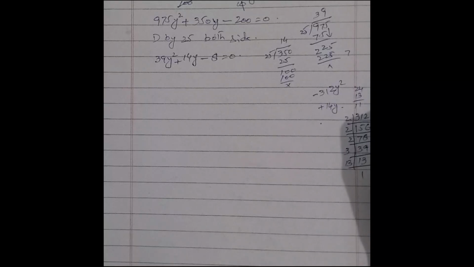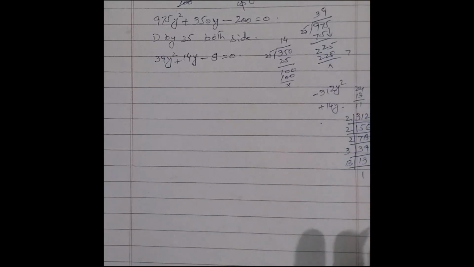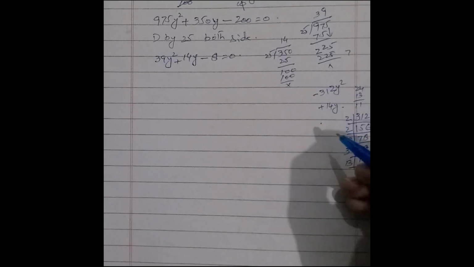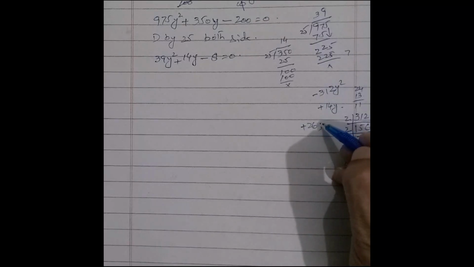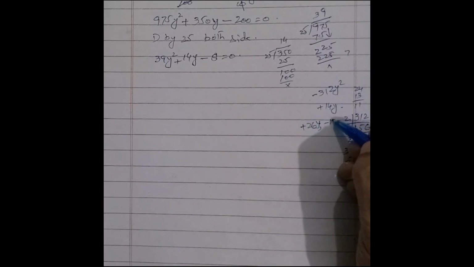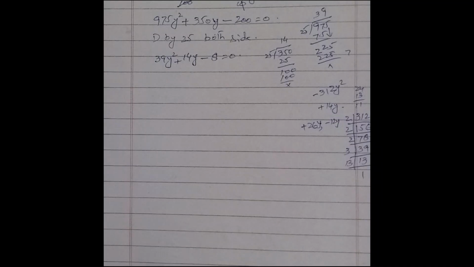So 26 and 12, the difference is 14. So the factors 26 and 12 are suitable, and their signs are plus 26y and minus 12y. These are the two factors which we put in, and then find the value of the variable.